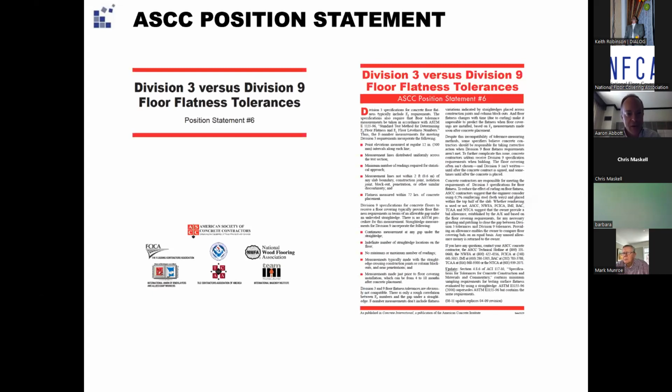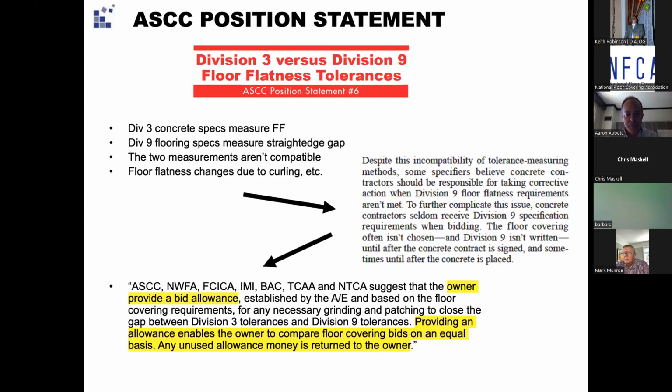It's kind of a famous one, the ASCC position statement number 6, which essentially points out the following things. It says that Division 3 concrete specs measure floor flatness, Division 9 specs measure straight edge gap. The 2 measurements aren't compatible. Floor flatness can change due to curling, etc.